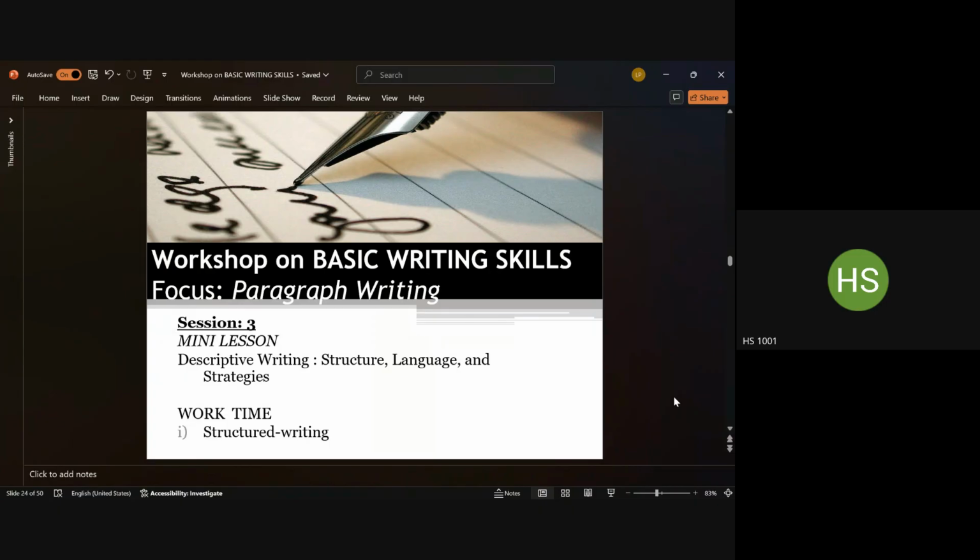So we looked at the principles of unity and cohesion, and the strategies you can use to ensure that these principles of unity and cohesion are employed as you write these paragraphs, right? That's what we discussed yesterday, and our exercises were also based on that.